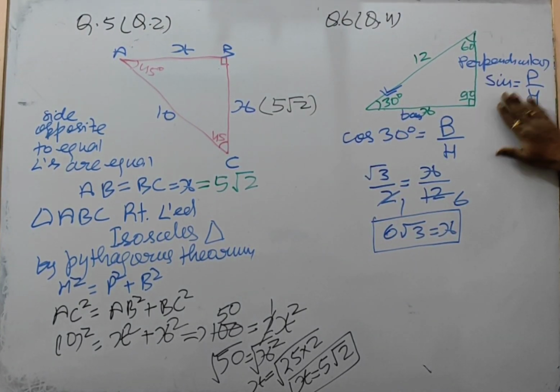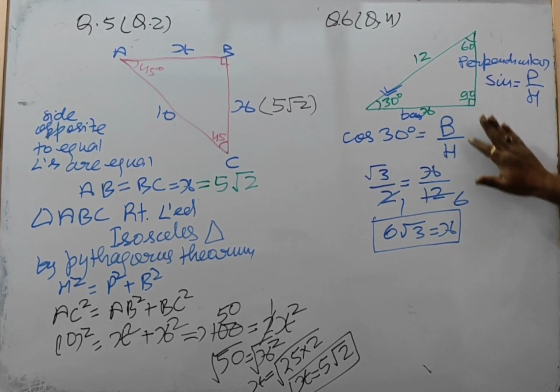Sine means perpendicular upon hypotenuse. Cos means base upon hypotenuse. Tan is perpendicular upon base. So they all have different meanings. Got it?